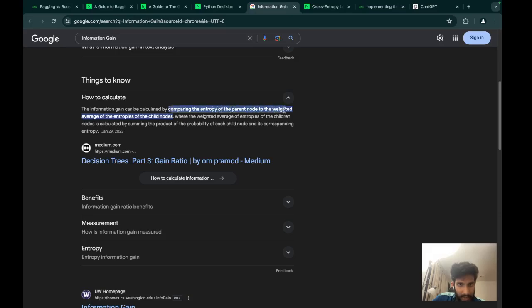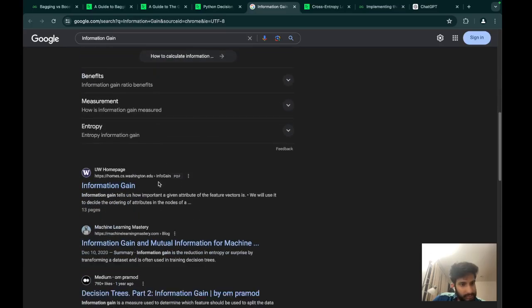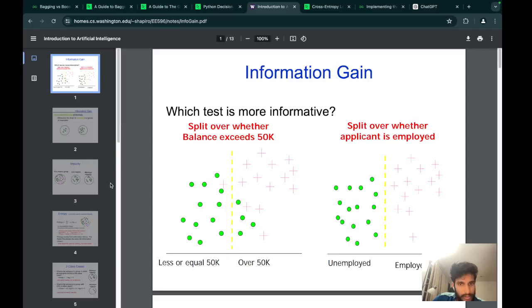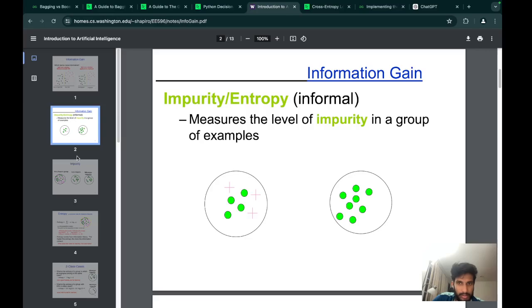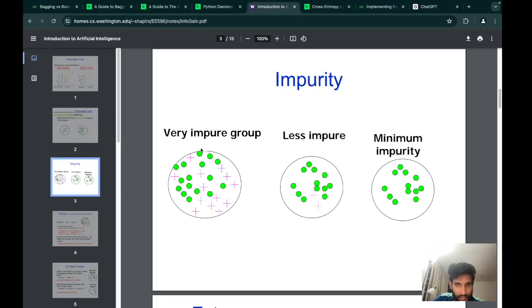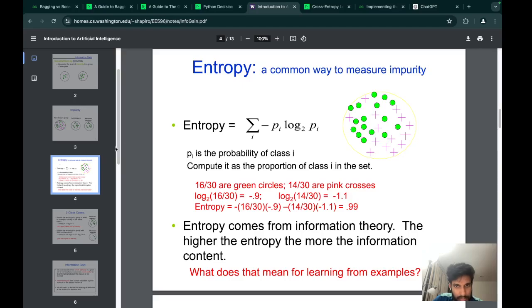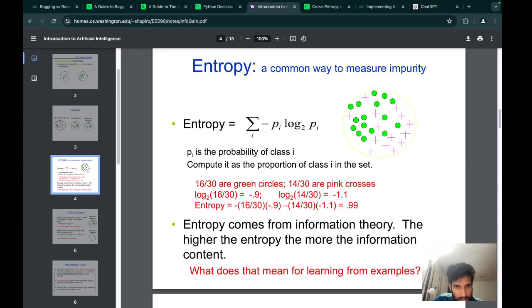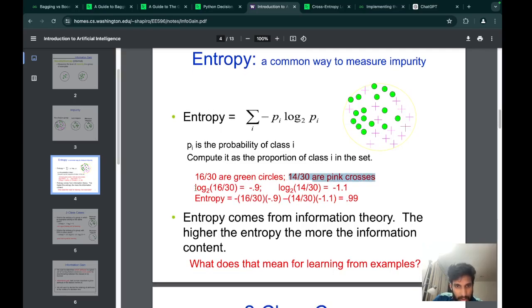The parent node into the weighted average of the entropies of the child nodes. Let's look at some PDFs. A very impure group. 16 by 30 of green circles, 40 by 30 of pink crosses.